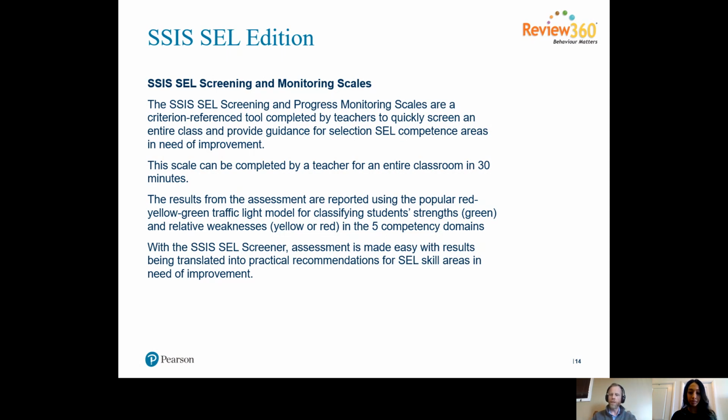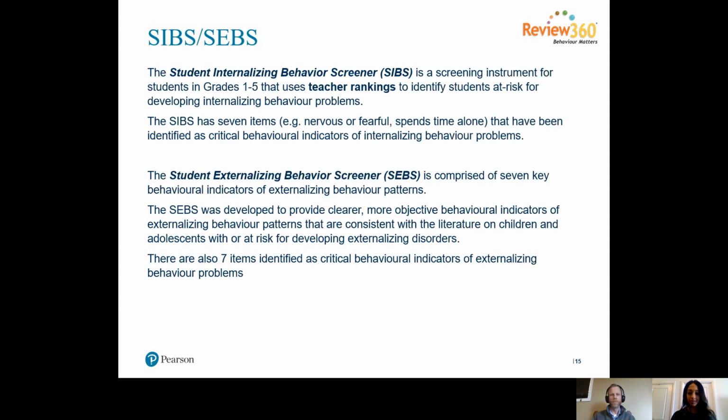So the screener is also a means of doing progress monitoring. It's the same form used for progress monitoring, so you're able to see whether those lesson plans have helped our students as a group and even at the individual level.